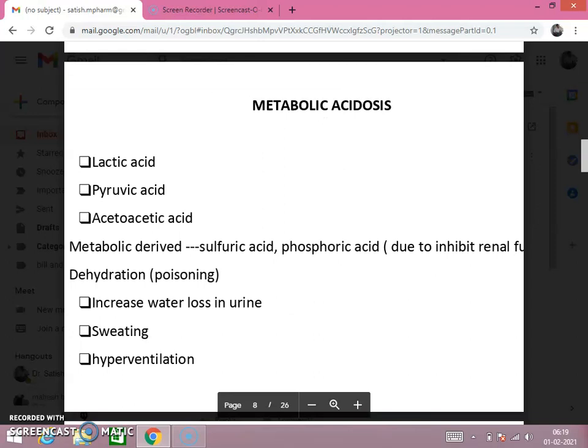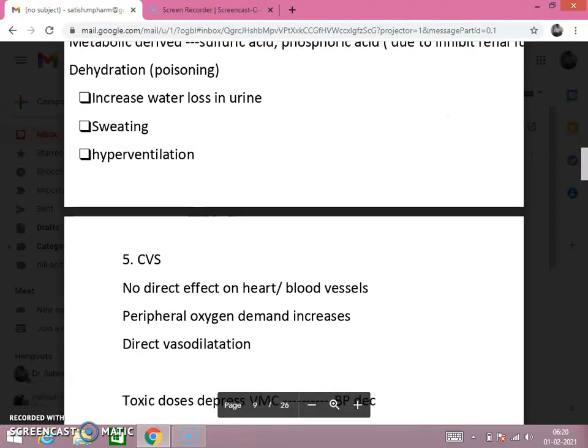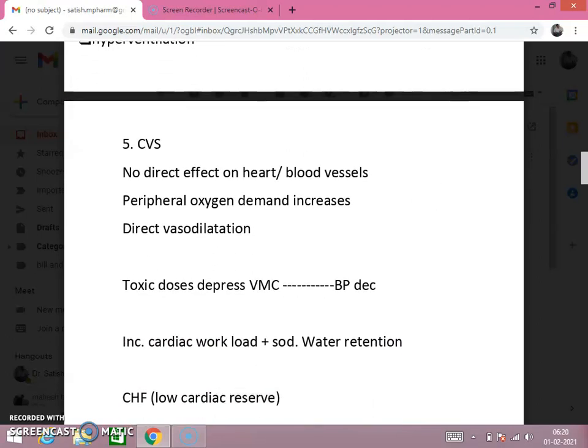Thereby accumulation of lactic acid, pyruvic acid and acetoacetic acid can be seen, and even metabolically derived sulfuric acid and phosphoric acid, because there will be inhibition of renal blood circulation, especially in the poisoning condition. In such conditions we can come across metabolic acidosis. Simultaneously we can see an increase in water loss in the urine, sweating and hyperventilation. So this may cause metabolic acidosis. This is the effect on metabolism. In the next slide let us see about the effect on the cardiovascular system.